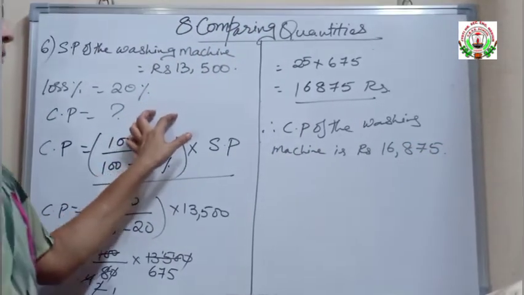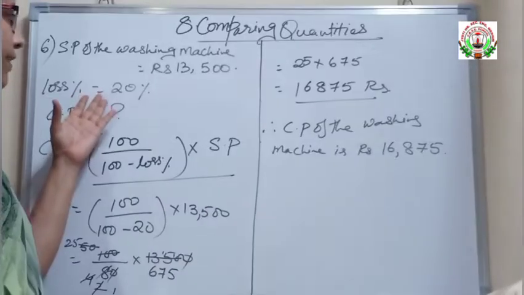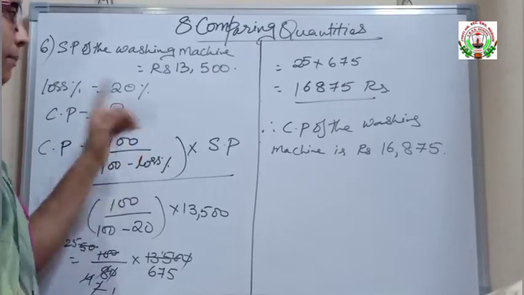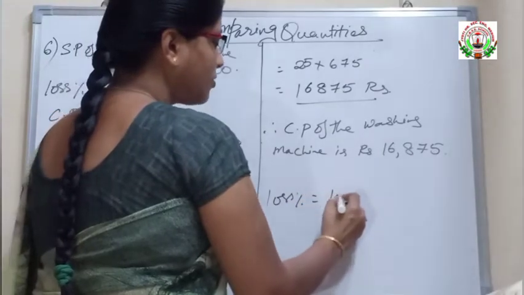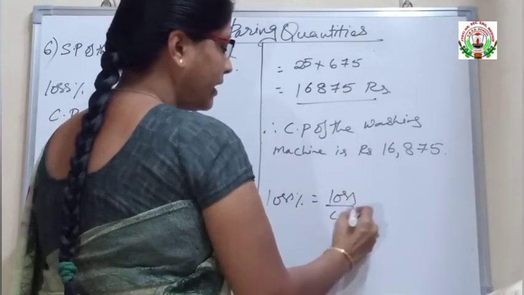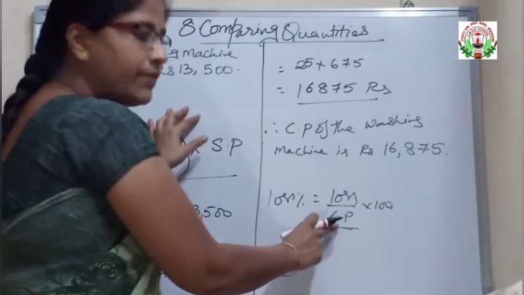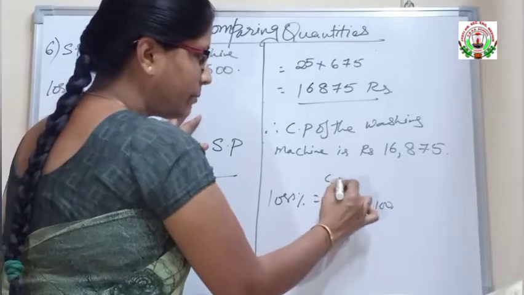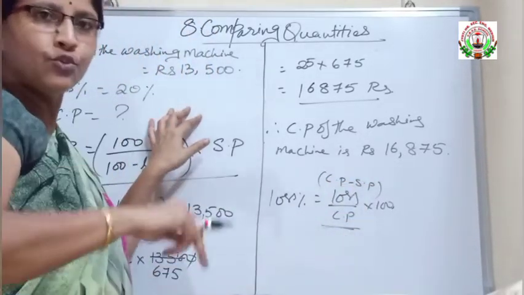See, once again, let me repeat myself. They have given the SP of the washing machine. They have given loss percent. They have asked you to find the cost price. See, we know that loss percent is equals to loss by CP into 100. Here all the denominators have CP. We have to find the CP. And this loss also is CP minus SP. So both have CP. We have to find it.